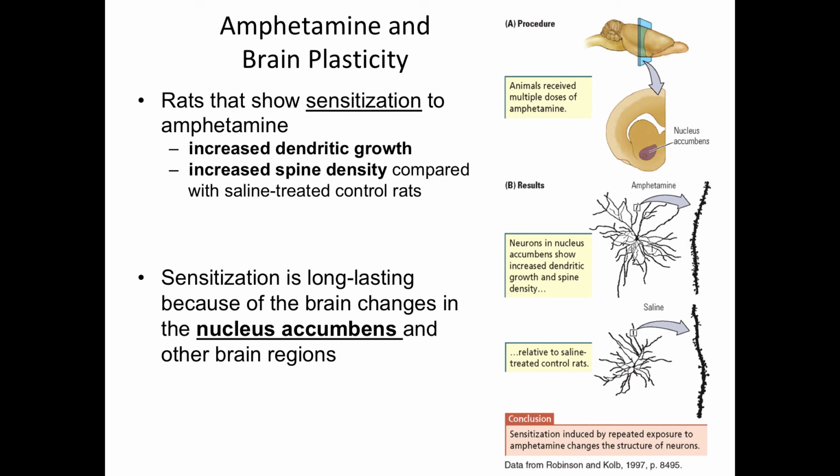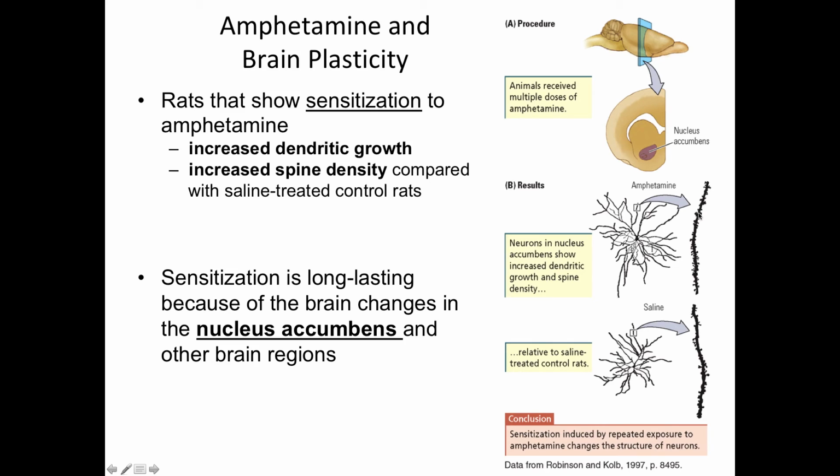So rats that show sensitization to amphetamine, or actually also cocaine, undergo increased dendritic growth and also increased spine density compared to control rats. So in this study, the effects were found in the nucleus accumbens and in parts of the basal ganglia. So you can see that there is an increase in dendritic growth and also in spine density.